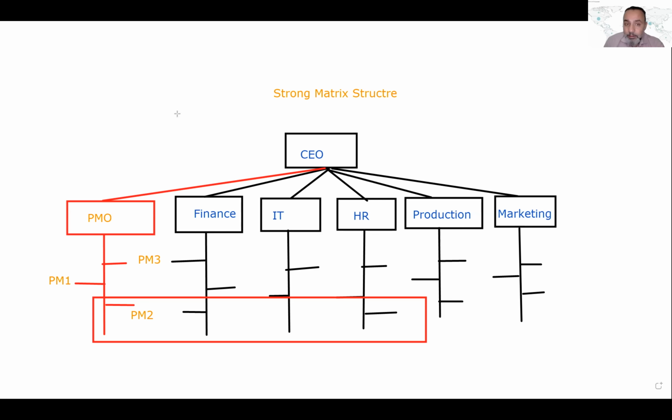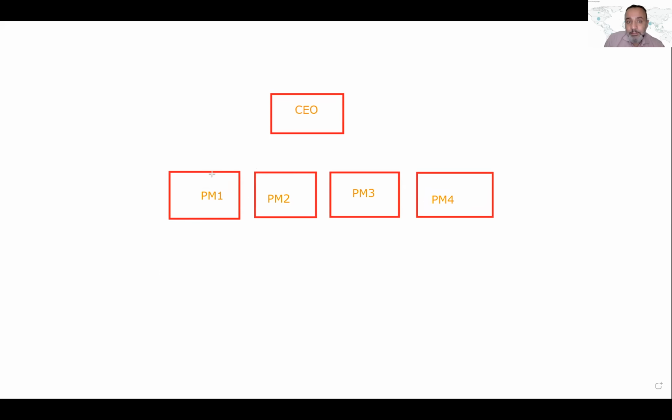So now, see, each project is considered an independent entity, and it has its own resources, its own team, its own staff, and the project manager has full control over their projects and their resources. Correct?